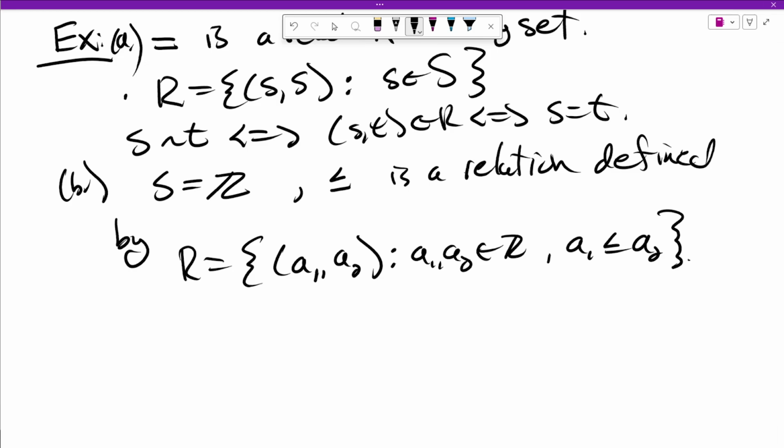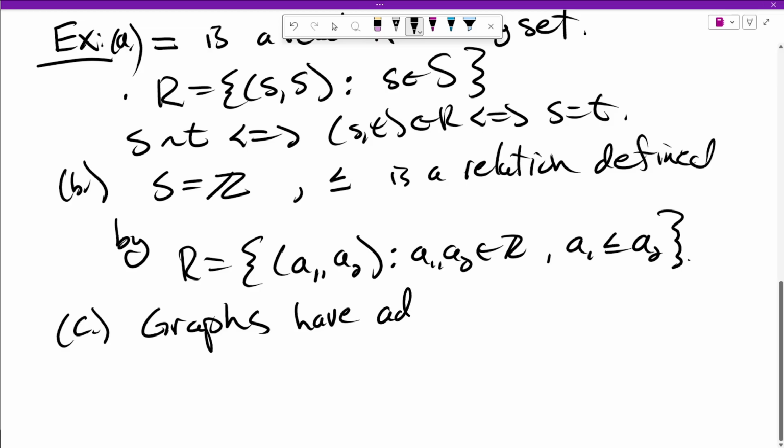Let's do another one before we close out this video. We saw graphs already, and we used graphs to do an inductive proof of the Gauss summation formula, but they have the adjacency relation.